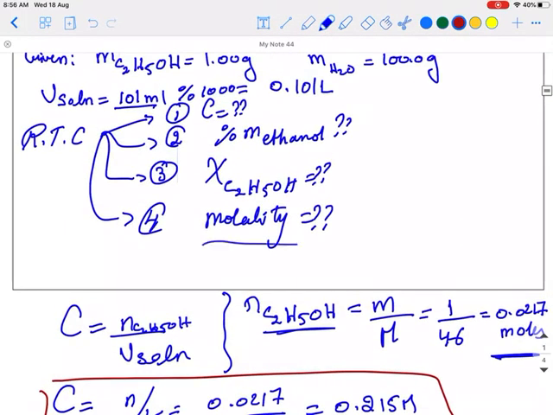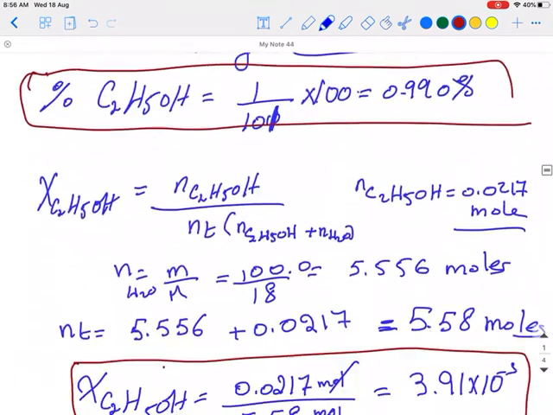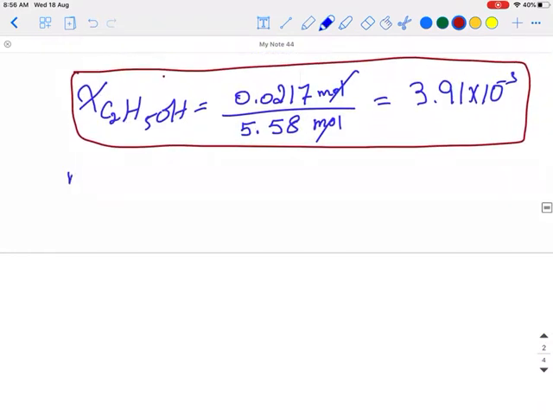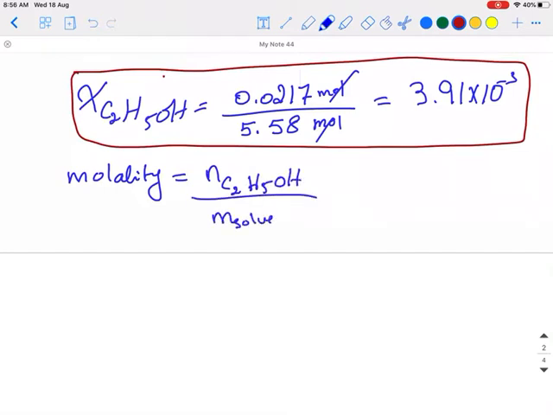Now the fourth requirement, finding the molality. Okay, molality is equal to the number of mole of solute, which is C2H5OH, over the mass of solvent in kilogram. Here the solvent is water.